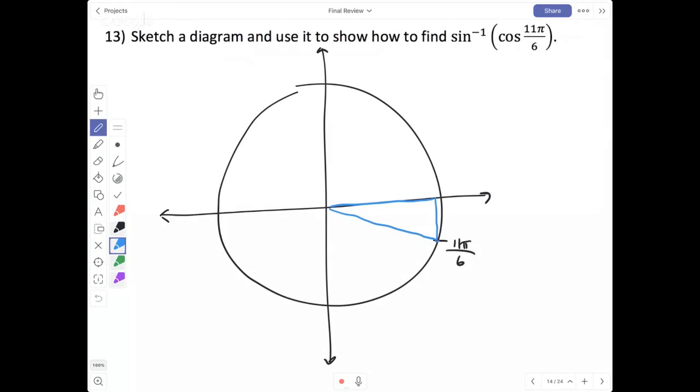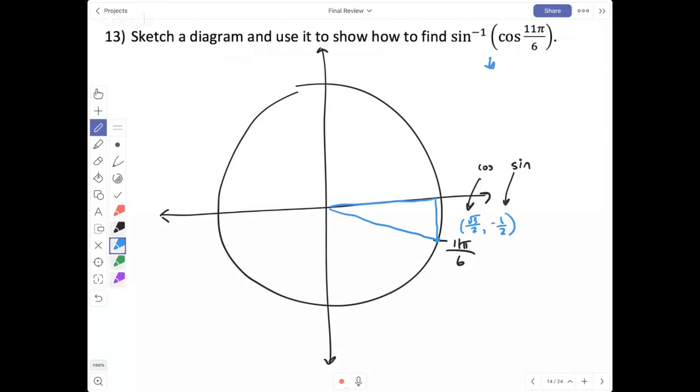It's a 30, 60, 90 triangle, so it goes over root 3 over 2 and down 1/2. So the point here is root 3 over 2, comma, negative 1/2. This one is the cosine of the angle, and this one is the sine of the angle. So the cosine of 11 pi over 6 is root 3 over 2.